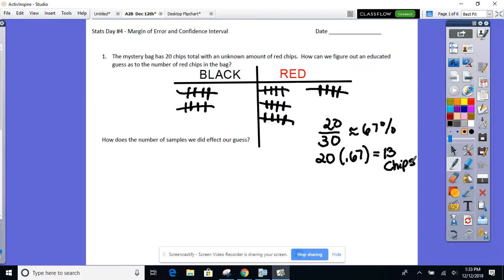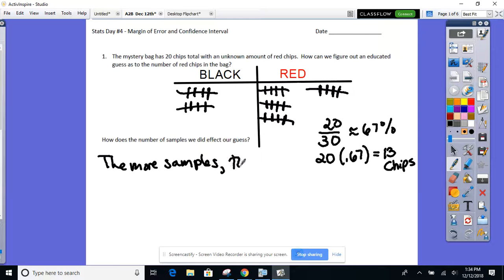Is there any way we could get closer to actually how many there are? We did this how many times? If you think we went around another 30, which I'm not because my head might explode, if we went around another 30 times, you think we'd get closer to actually how many are in that bag? Yeah. All right. So how does the number of samples we did affect our guess? The more samples, what happens the more we do it?